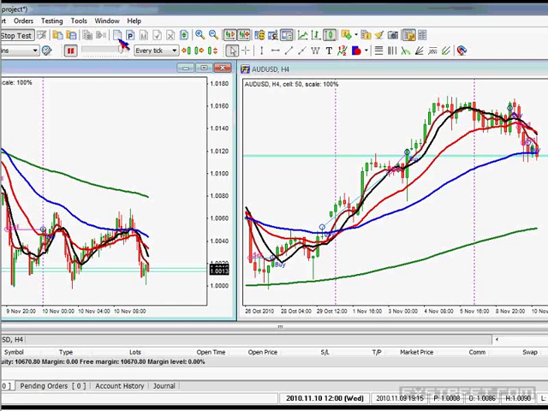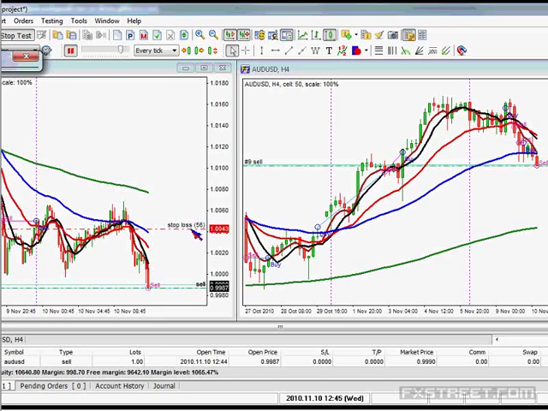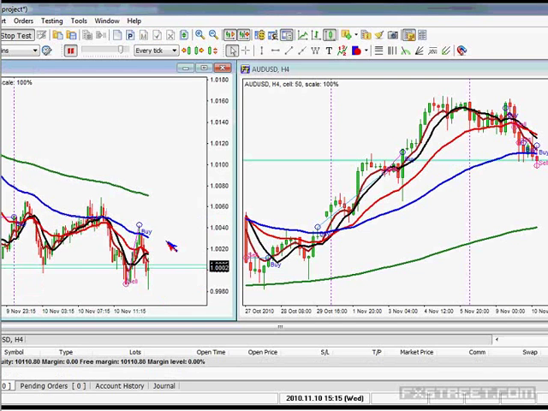Forming a new trend to the downside here. New swing. I will not be denied psychologically. Okay, so just took another loss. Fine.